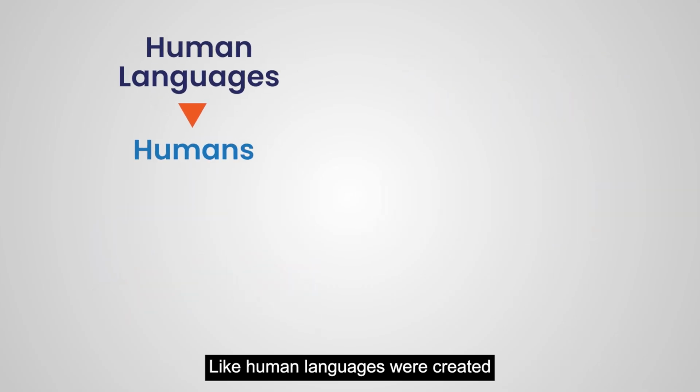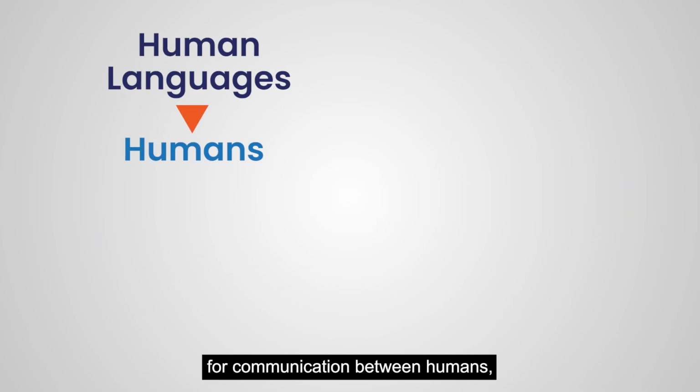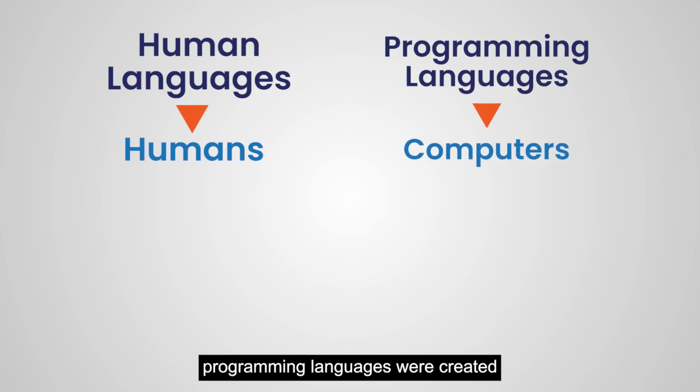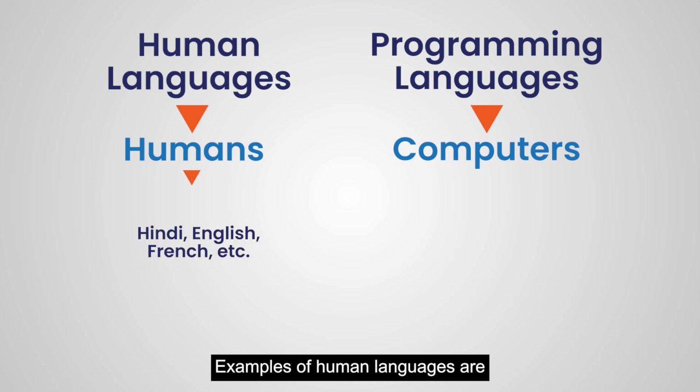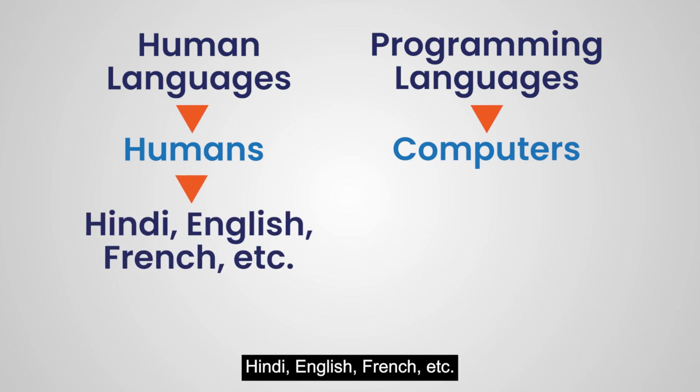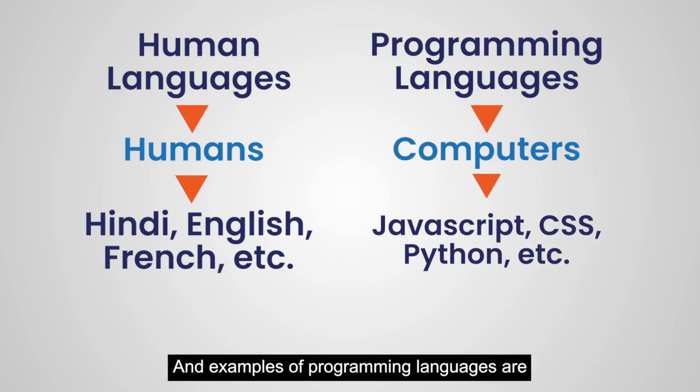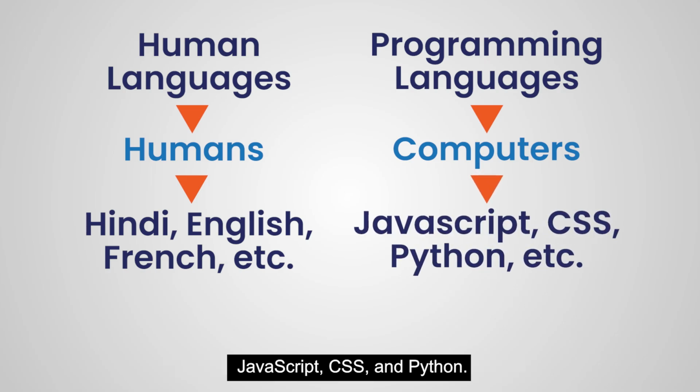Like human languages were created for communication between humans, programming languages were created for communication with computers. Examples of human languages are Hindi, English, French, etc. And examples of programming languages are JavaScript, CSS, and Python.